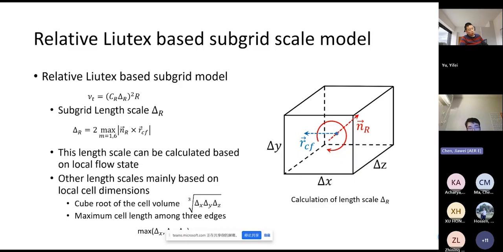This is fundamentally different from other approaches that base the length scale primarily on cell dimensions. We will also compare three different length scales here: the maximum cell length among the three edges, the cube root of cell volume, and our Liutex-based length scale. You can see how they differ significantly depending on the flow characteristics.